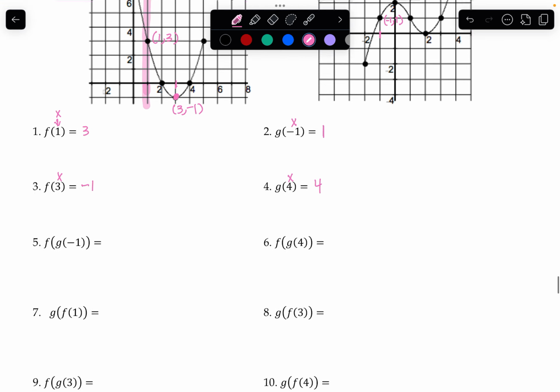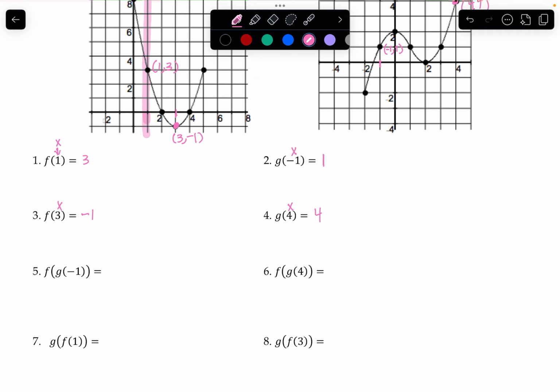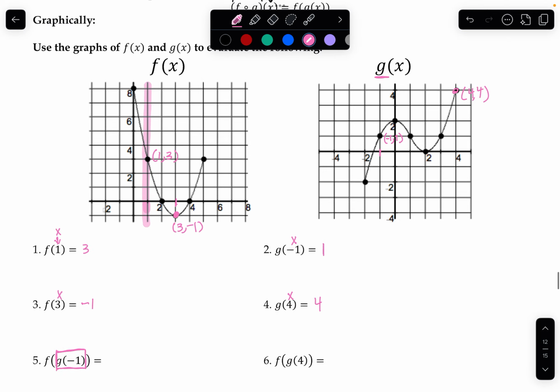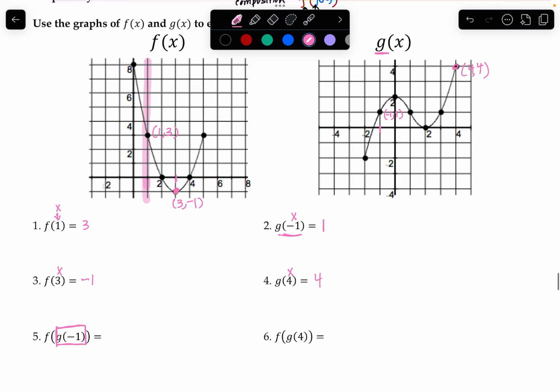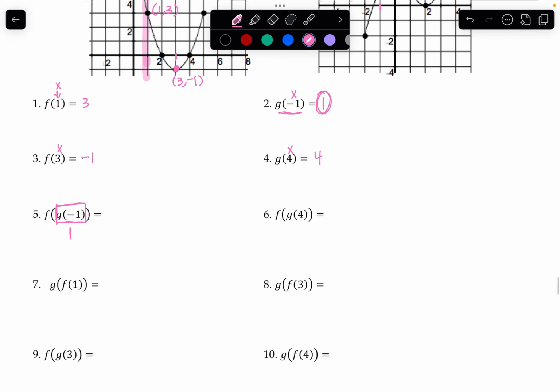And so now we're going to look at some compositions. Whenever you are composing two functions together, this g of negative 1 is what we need to figure out first. We figured out up here that g of negative 1 was equal to 1. And so I can replace g of negative 1 with the number 1.